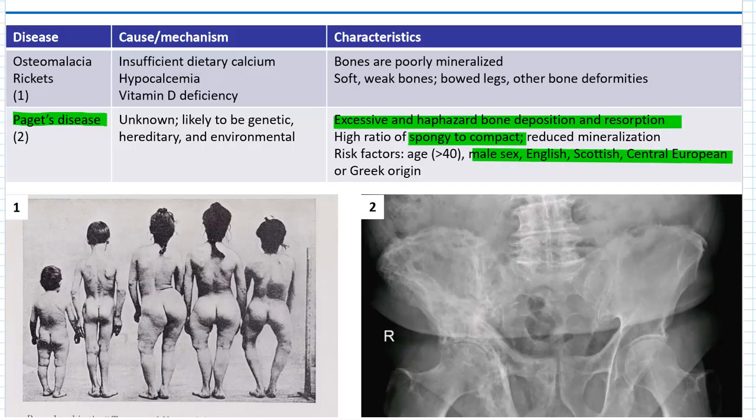Now, another condition that you may see actually is osteomalacia and rickets. So the difference between the two is that osteomalacia is the disease in adults, and rickets is the disease in kids. The underlying cause, insufficient calcium.